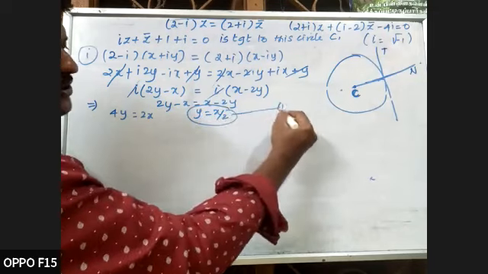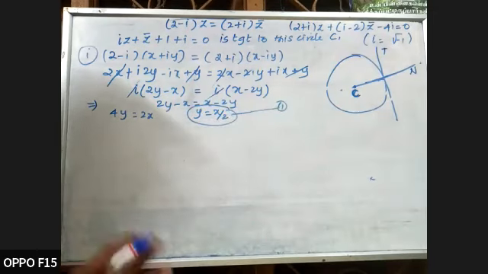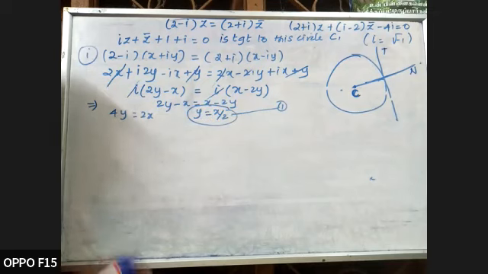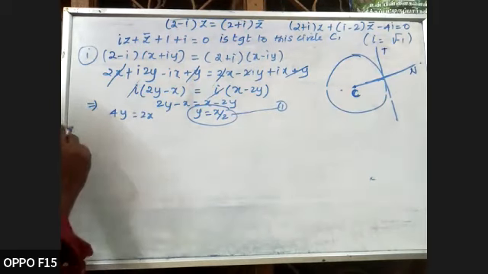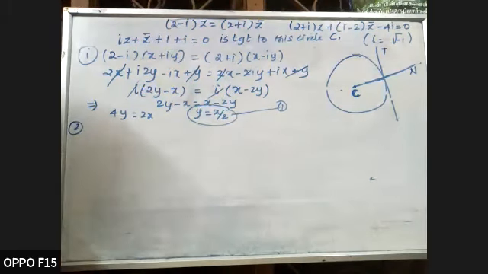That is the first equation. From the first line we get y = x/2, which is a normal. Next, what is the second line?